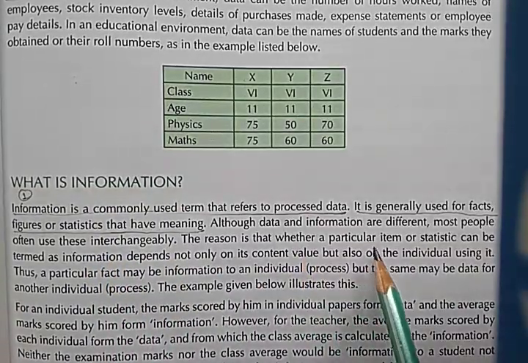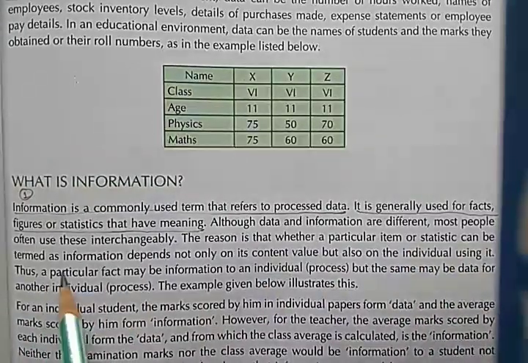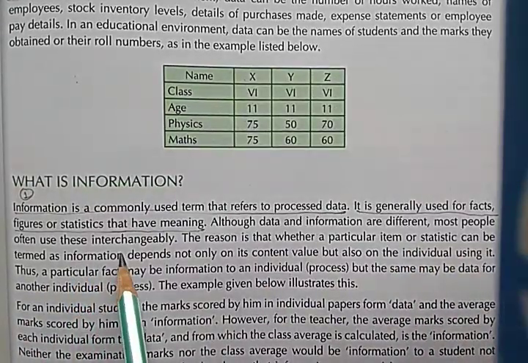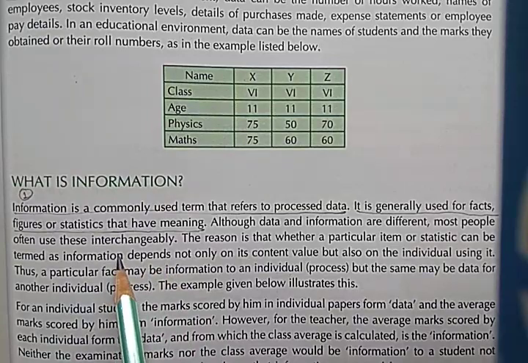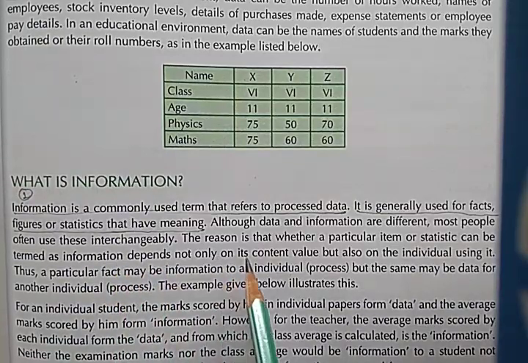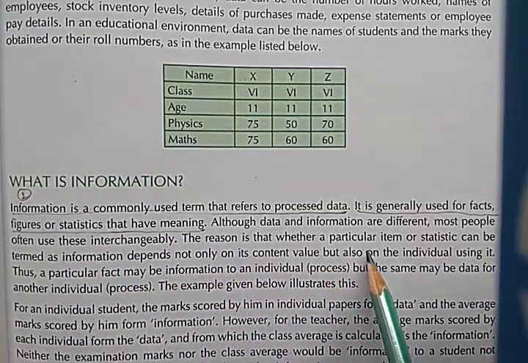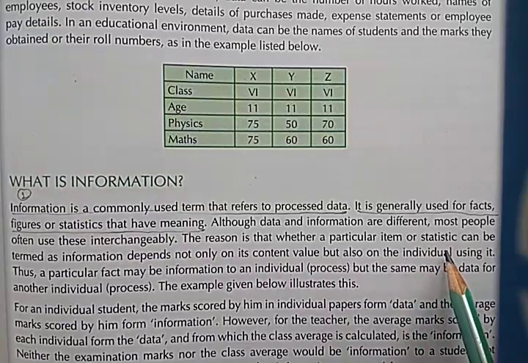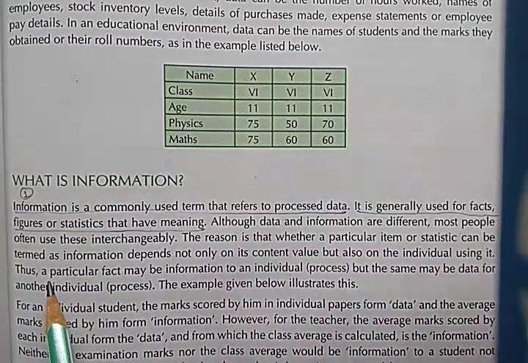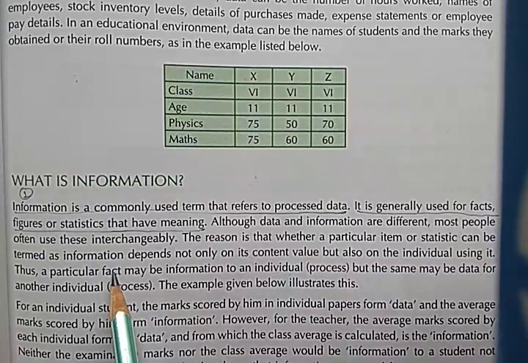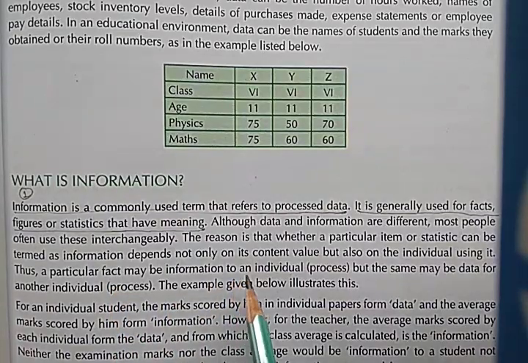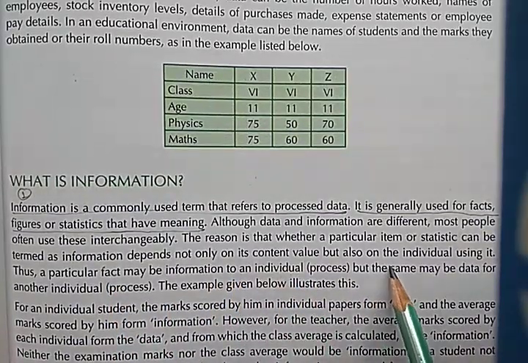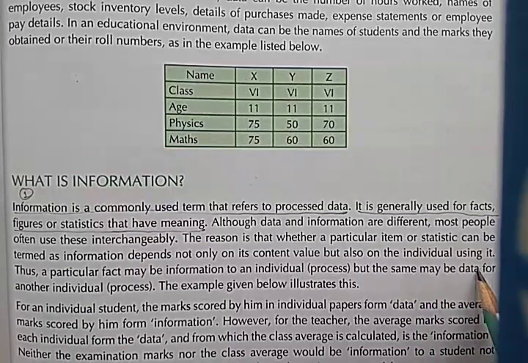Although data and information are different, most people often use them interchangeably. The reason is that whether a particular item or statistic can be termed information depends not only on its content value but also on the individual using it.